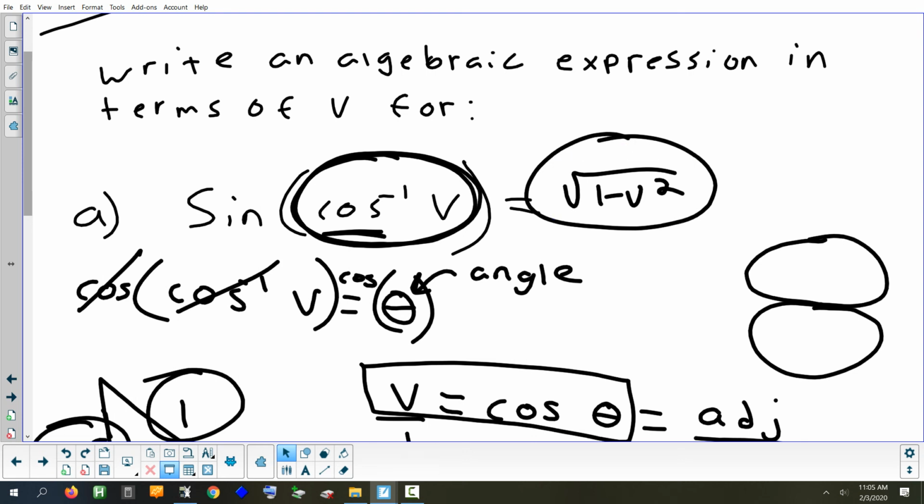Maybe a computer can do square roots faster than it can do sines and inverse cosines. So sometimes when you get into making things on a computer, it's not only can you do it, but can you do it better? Can you do it faster? Yeah, we already can do it, but let's make it even better than it is. And that's the general idea for all of these types of problems.